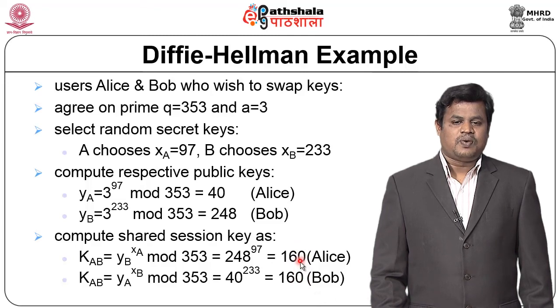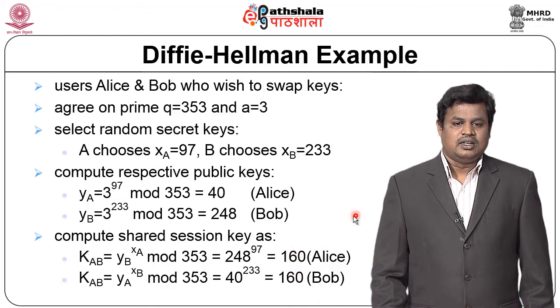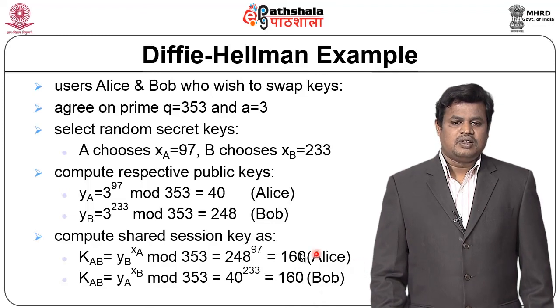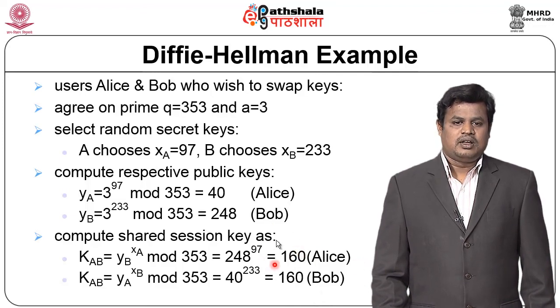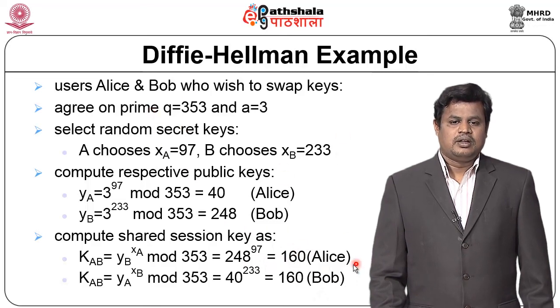They can use it for any communication. This will act as a secret key. So, based on their publicly known information, without sharing any secret information, they can generate their secret keys.